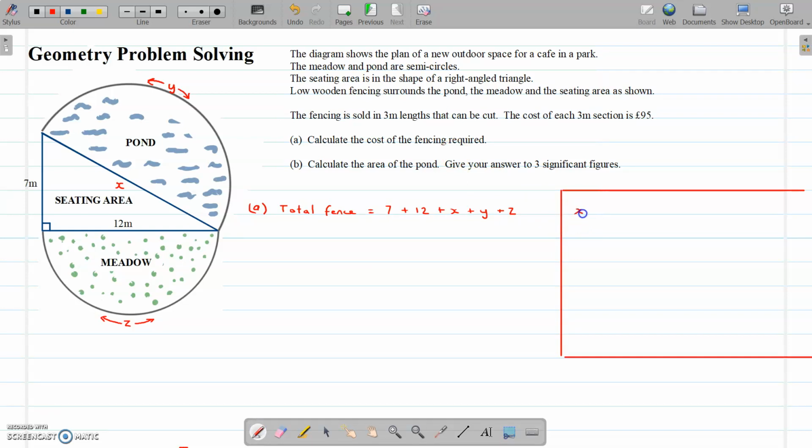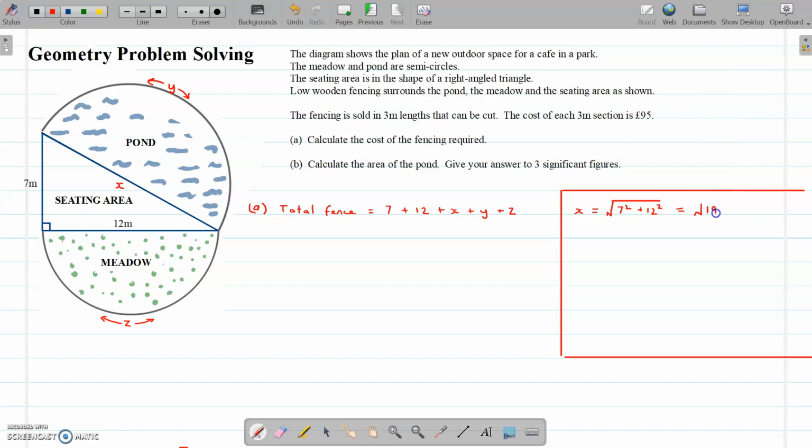X is the hypotenuse of a right-angled triangle, and because it's the long side, it's given by the square root of 7 squared plus 12 squared. Now if you work that out, it's the square root of 49 plus 144, and that of course is the square root of 193.